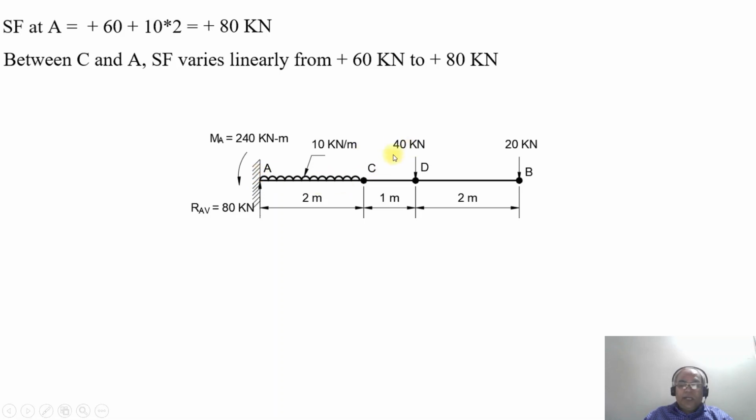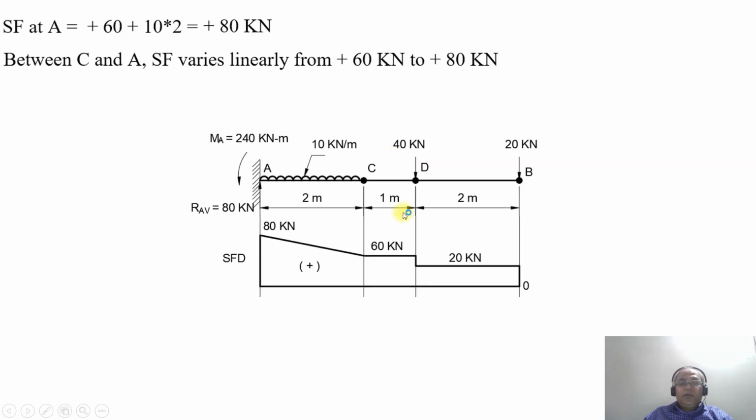Here you can see that up to point C it remains constant at 60 kilonewton between D and C, as there is no load acting on the beam. From the point C, it keeps on rising till 80 kilonewton because of the uniformly distributed load.